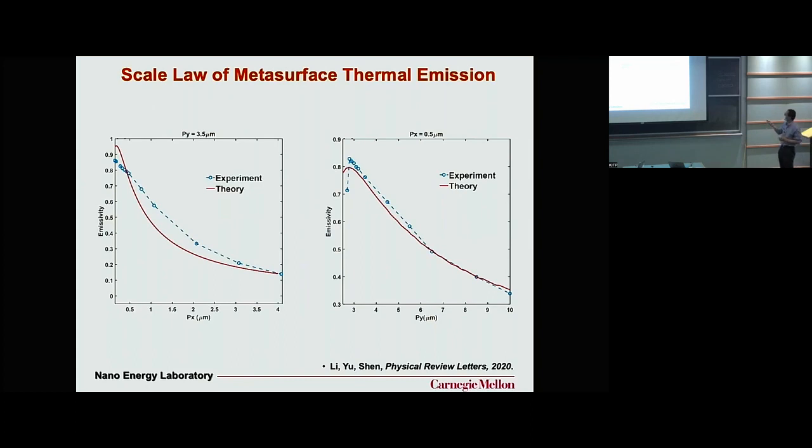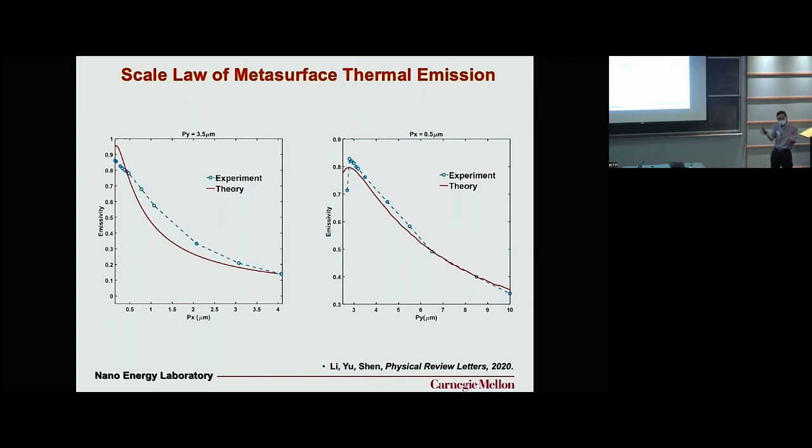In the other case, we fix the period in the x direction but vary the period in the y direction. Similarly, the emissivity will increase, but at a certain point, we do observe the emissivity decrease. This corresponds to the superradiance effect.